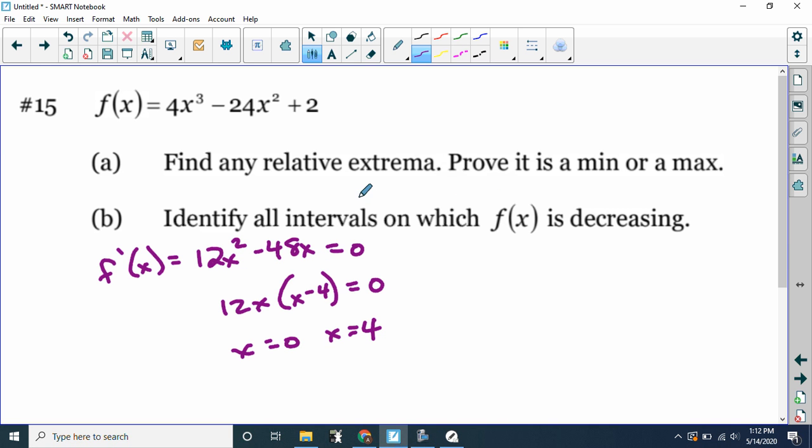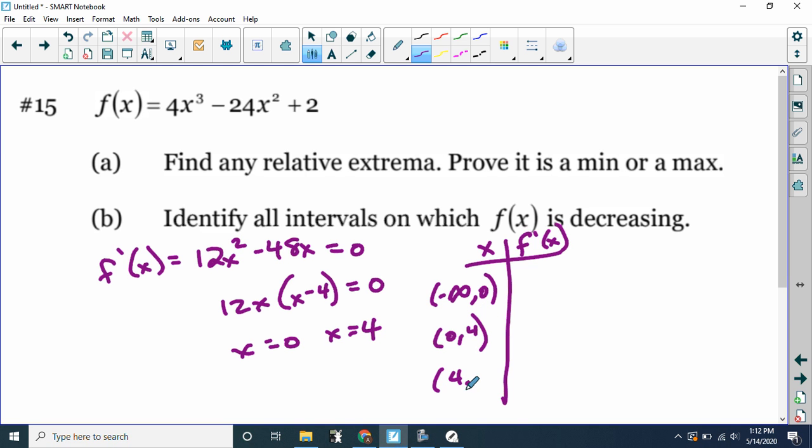To show if we have a min or a max at each of those, we're going to use the first derivative test. Make sure you label your table here. We're going to start at negative infinity and go up to 0, go from 0 to 4, 4 to infinity. And we are plugging a value into the first derivative.